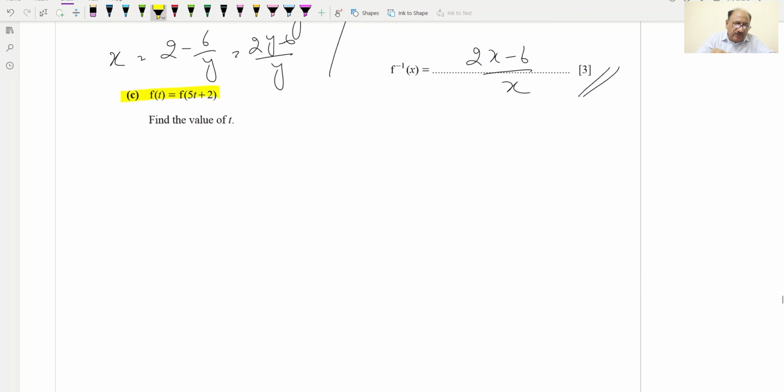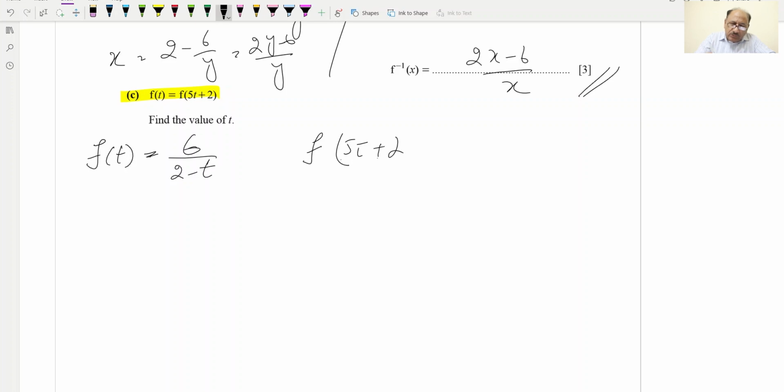C part, they're saying f of t is equal to f of 5t plus 2. Find the value of t. So we will write first f of t. F of t is equal to 6 over 2 minus x, which is replaced by t. So this will be our f of t. And now we can write f of 5t plus 2.